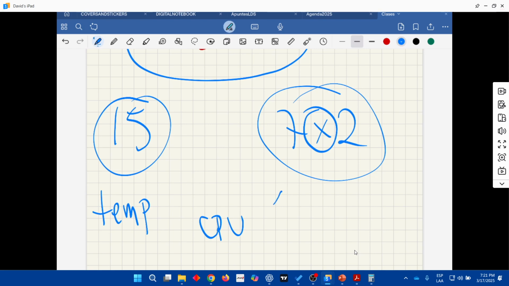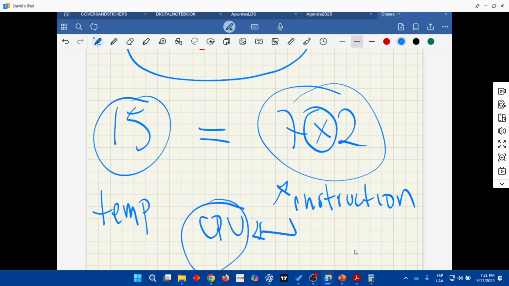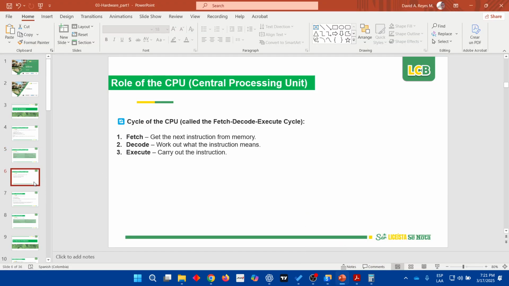So that instruction about multiplying those numbers is an instruction, and that instruction is going to be temporarily stored in the CPU. Then you are going to compare the 15 with the multiplication result. That is another instruction. It's going to be stored temporarily in the CPU. That process is called register. Okay, I hope so. Let's continue.